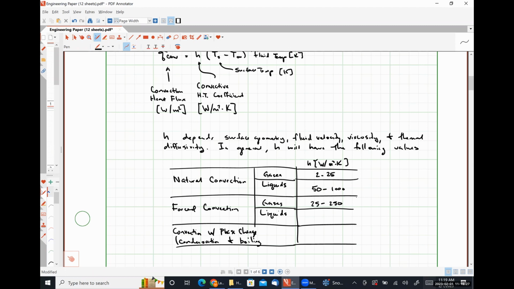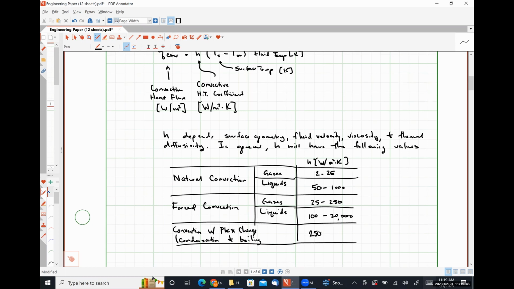And similarly in forced convection of liquids, it's an increase in an order of magnitude roughly, so 100 to 20,000. When we have convection with a phase change, so we're boiling water or condensing steam back into water, our H value is somewhere between 2,500 to 100,000.